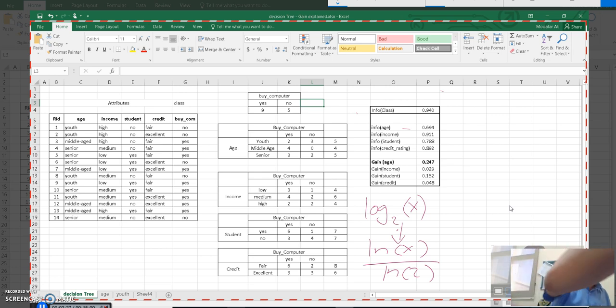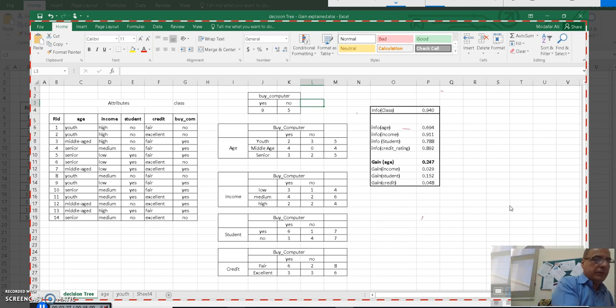Based on that, let me try again what I did before. We say minus 9 over 14 log 2 of 9 over 14, minus 5 over 14 log 2 of 5 over 14.